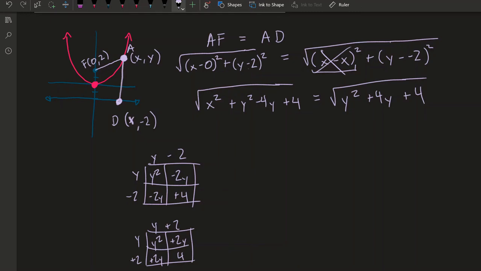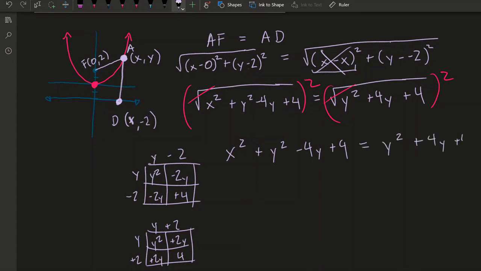So now I just need to solve this equation. I see I've got square roots on both sides, so I can just quickly square both sides, and that's going to cancel out the square roots. So I get x squared plus y squared minus 4y plus 4 is equal to y squared plus 4y plus 4.